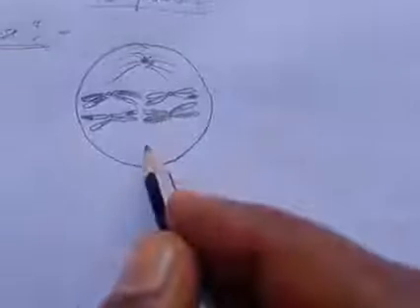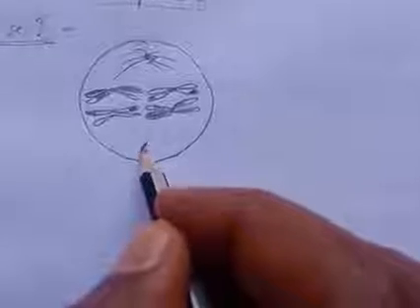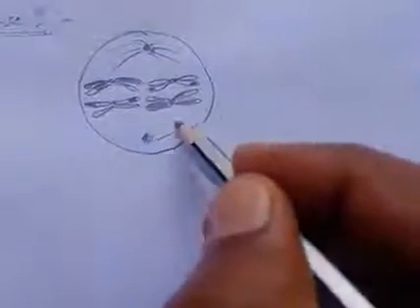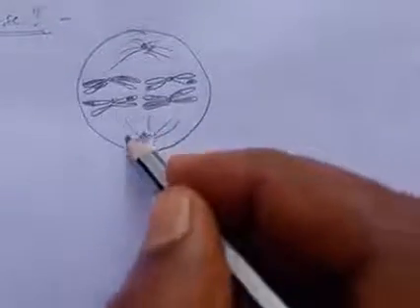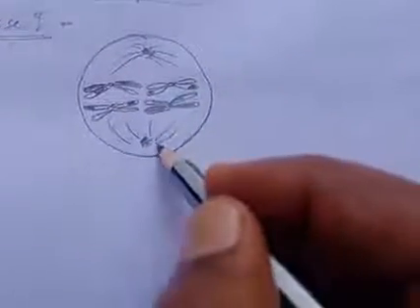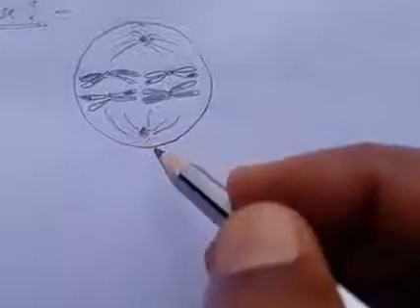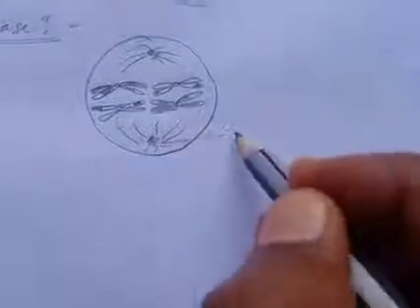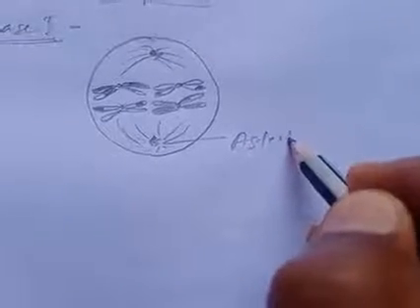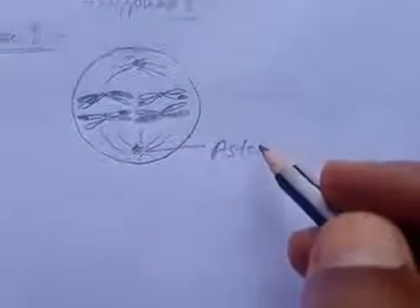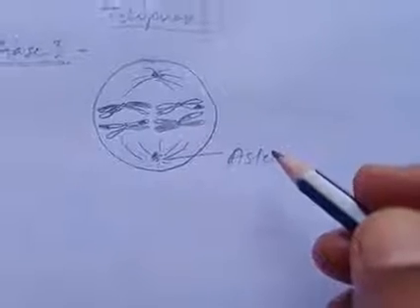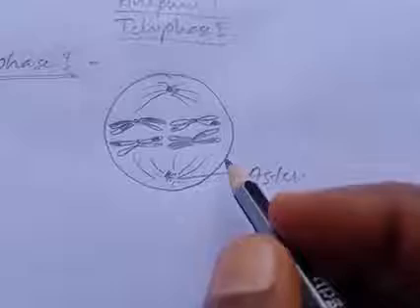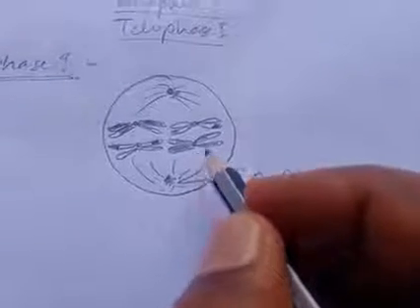Yes, you can also show one more spindle aster, which produces the spindle fibers like this. We can say that the aster forms the astral rays, and these are called spindle fibers.